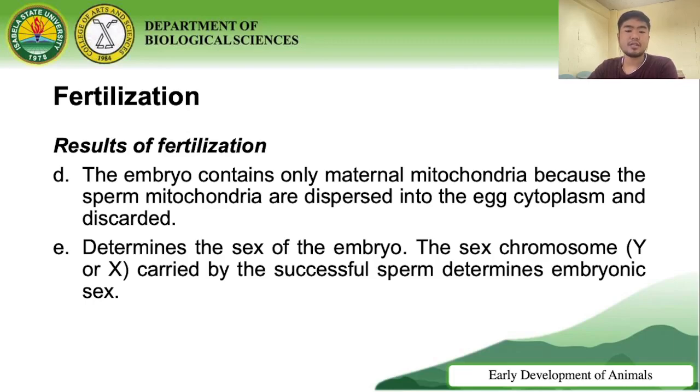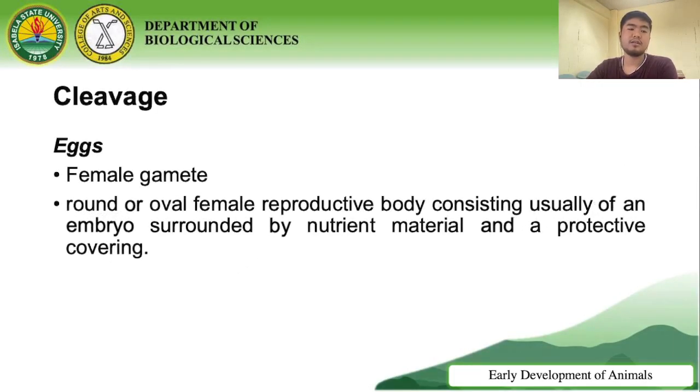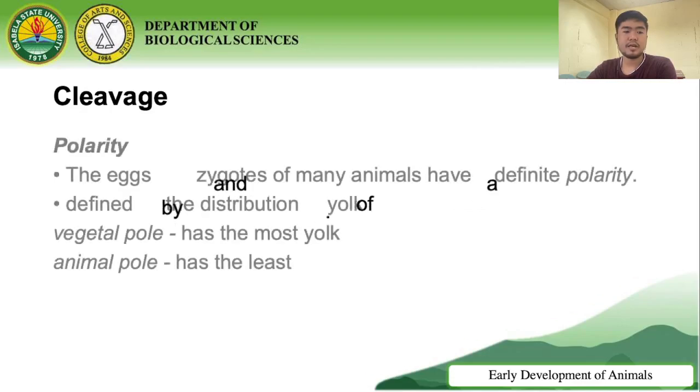Okay, so let's now move on sa cleavage. Eggs, we know that this is the female gamete. These are round or oval reproductive bodies consisting usually of an embryo surrounded by nutrient material and a protective covering. And these eggs, kapag na-fertilize, will have polarity.